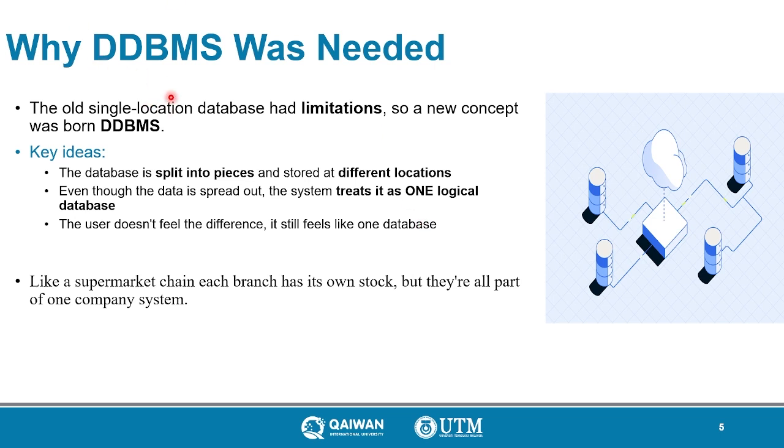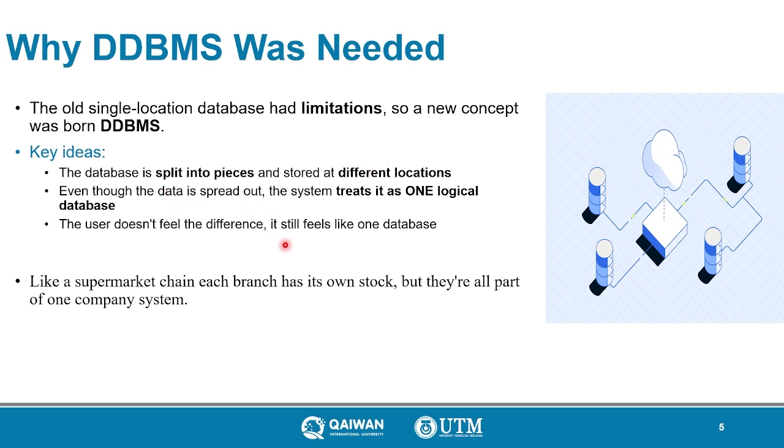Now, why was distributed database management system needed? The old single location database had limitations, so a new concept was born, and we call it distributed database management system. The key idea is the database is split into pieces and stored in different locations, not in one location.